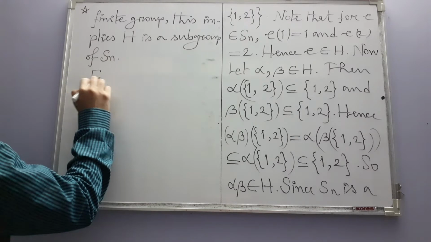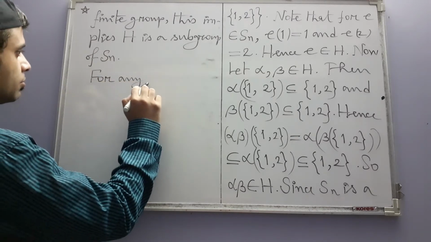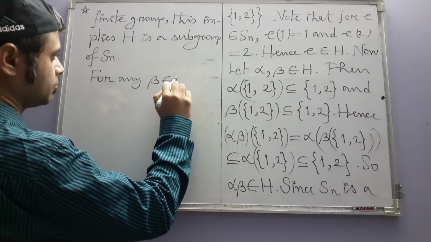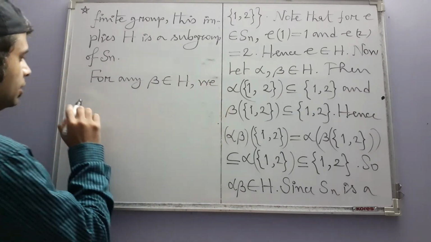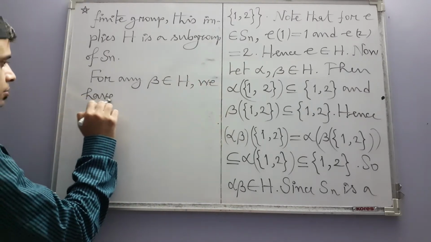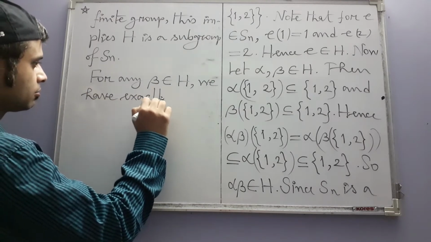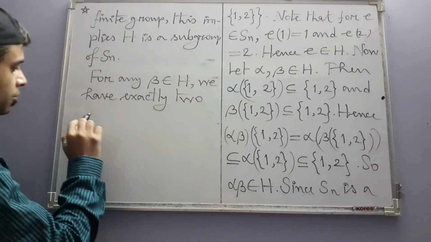For any beta belonging to H, we have exactly two possibilities.